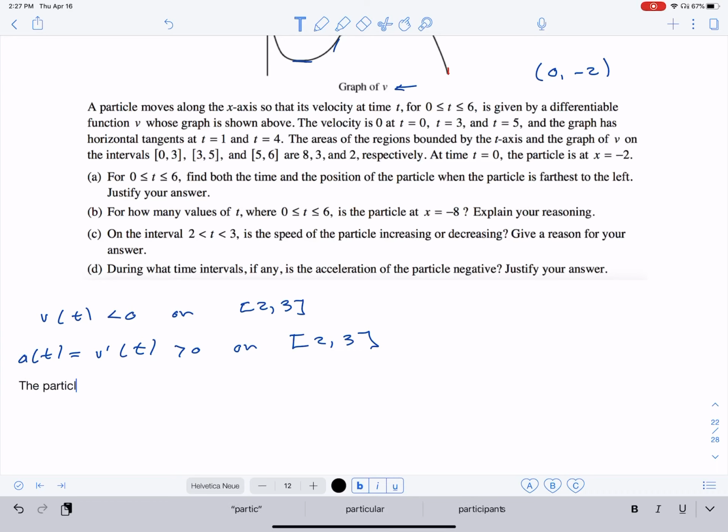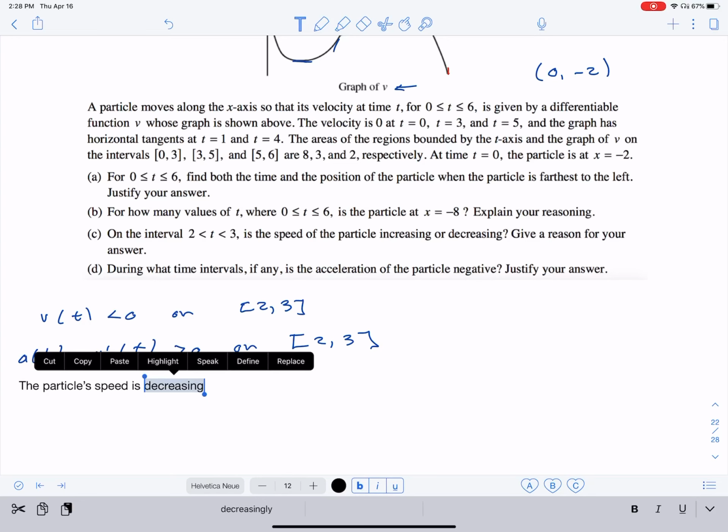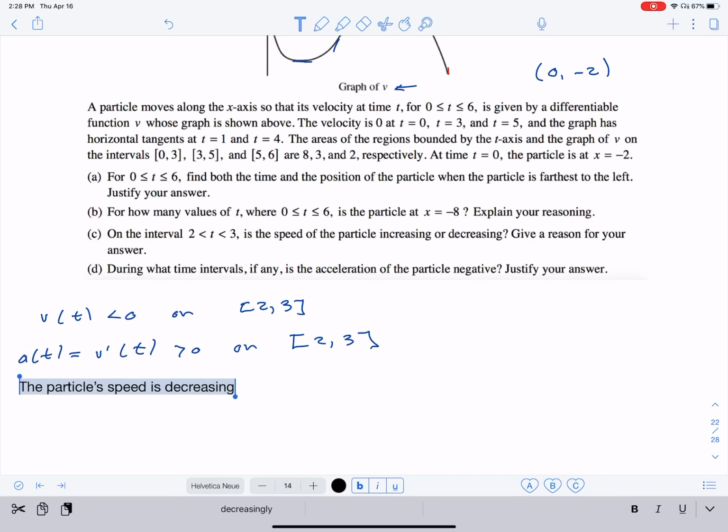The particle's speed is decreasing. And how do I know it's decreasing? Let's make that a little bigger. That's probably hard for you to see. Let's go to 14. How's that sound? Okay, so the particle's speed is decreasing on, what was our interval here, from 2 to 3?